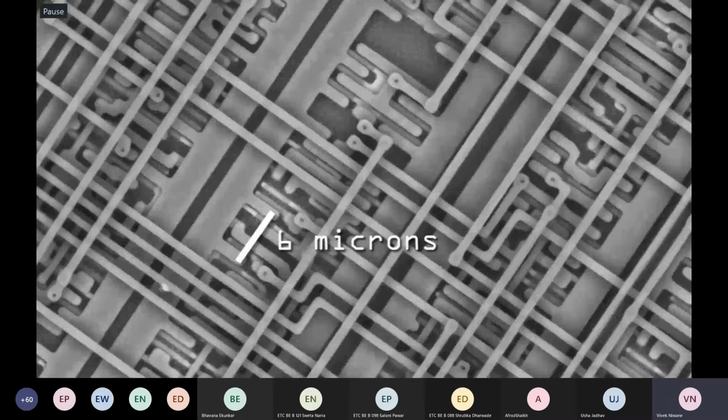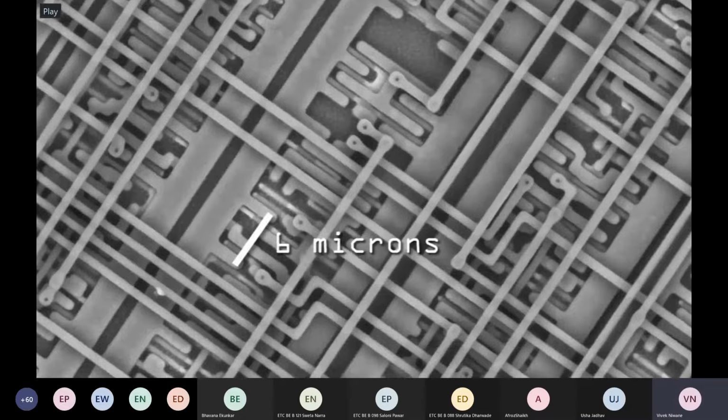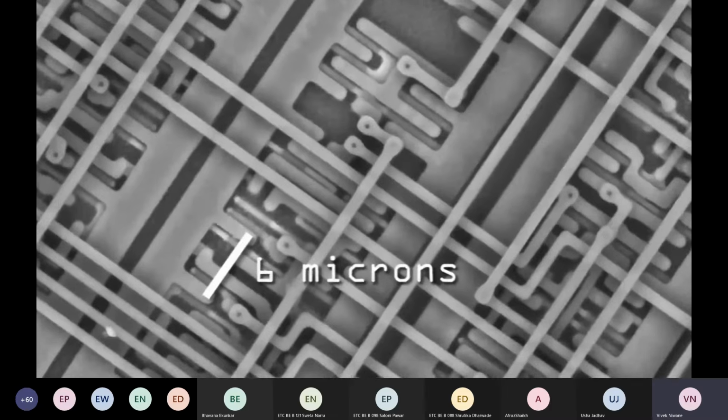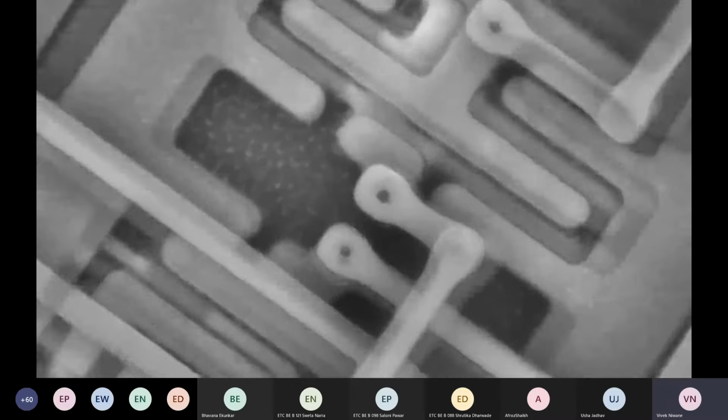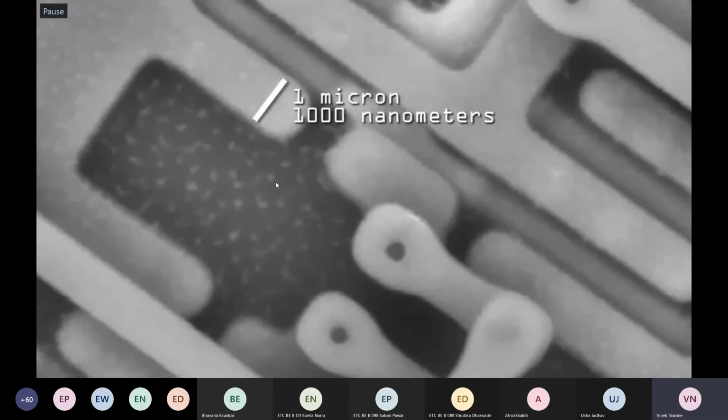So right now we are in the range of micrometer, and the white scale over here has a physical dimension of 6 micrometer, 6 into 10 raised to minus 6 meter. Now we are in the range of 1 micrometer, and you can see that one track width is 1 micrometer, that is 1000 nanometer. 1 nanometer is equal to 1 into 10 raised to minus 9 meter.